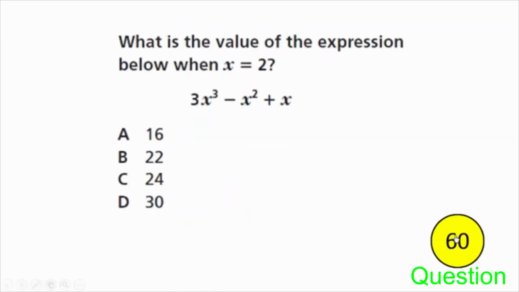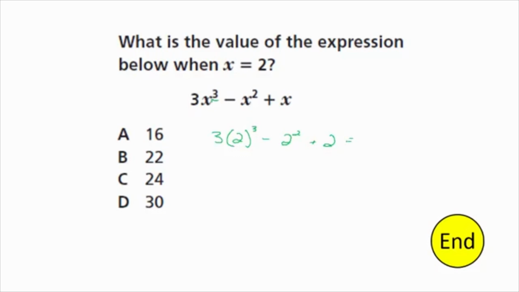Alright, what is the value of the expression below when x equals 2? So we're going to plug 2 into all the spots where x shows up. If your calculator can raise to the third power, then we could look at it like this: 3 times 2 raised to the third power minus 2 raised to the second power plus 2.